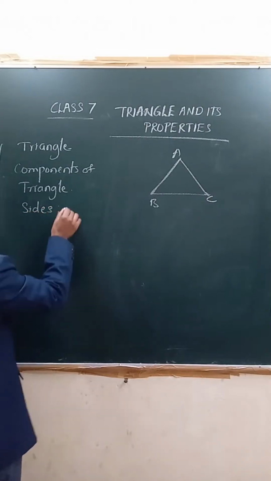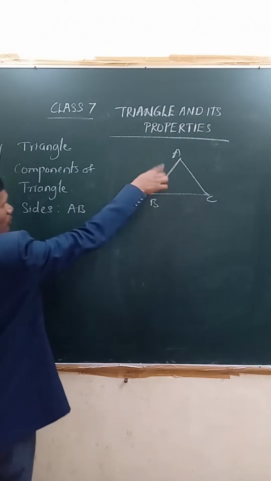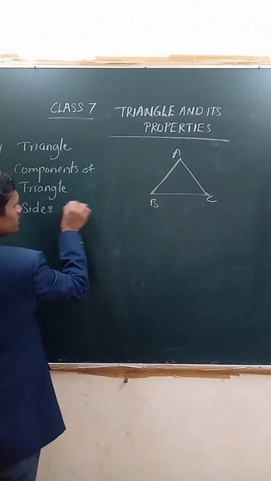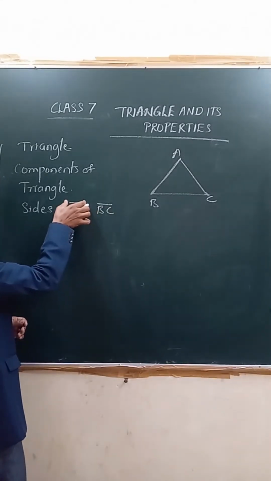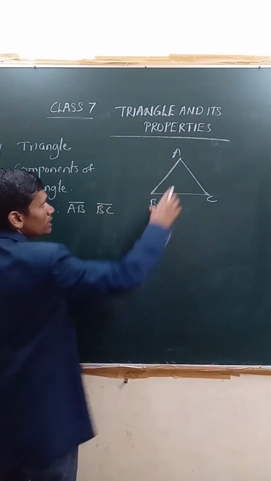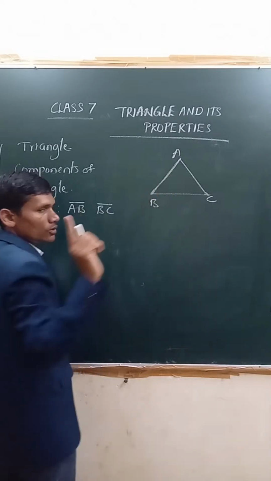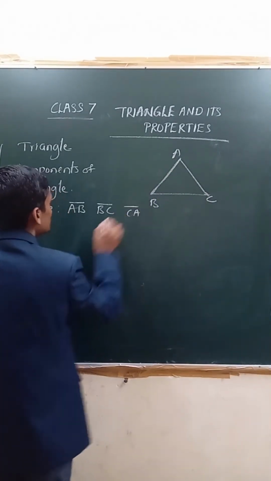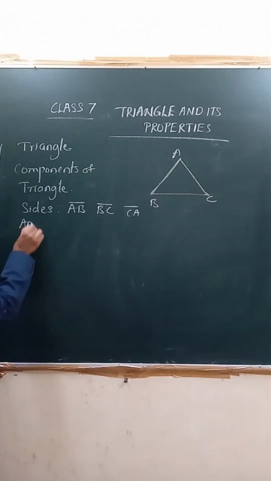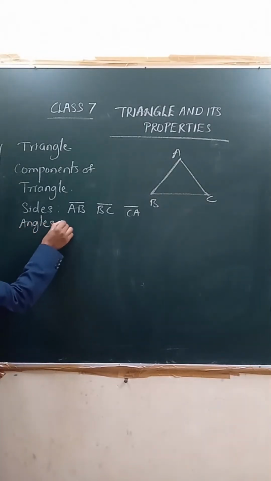How many sides are there? Three. AB, one side. BC, another side. We denote a side with one bar on two letters. Minimum 2 points are required to denote one side, remember. And CA, three sides.